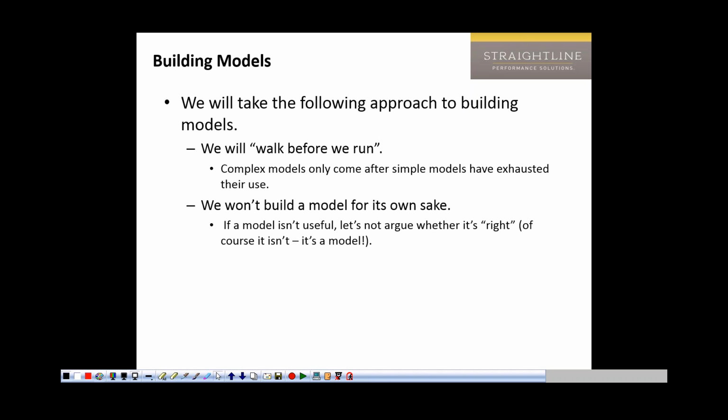Okay. The penultimate thing I want to talk about before we get into the specific techniques is that we want to take a walk before we run approach to modeling. That's going to be true in the course, but I want to suggest that it should be true when you do any modeling work as well. Start by building simple models and then refine those simple models to make them more complex where you need to.